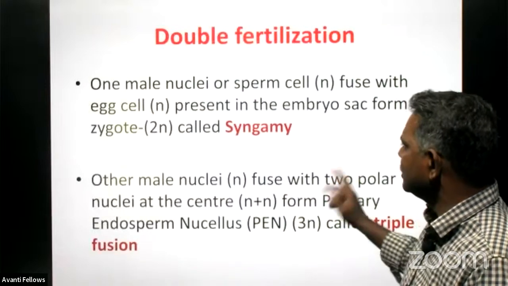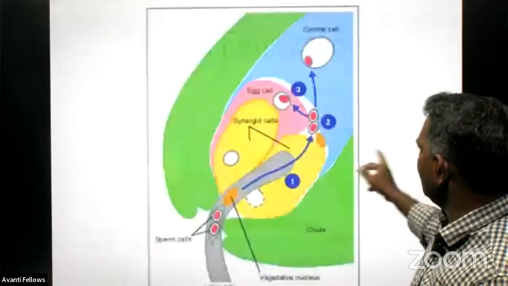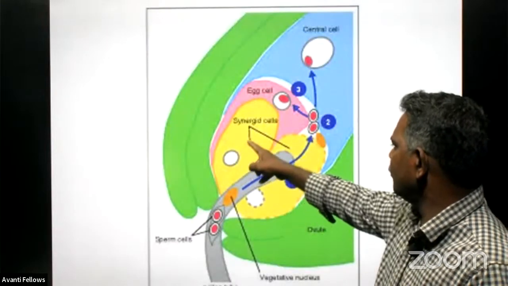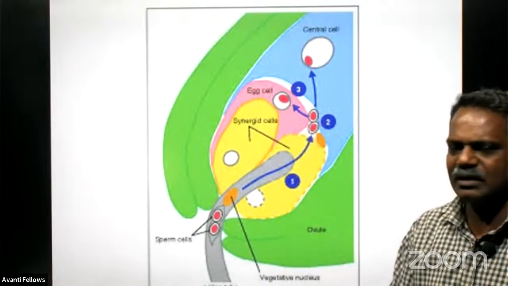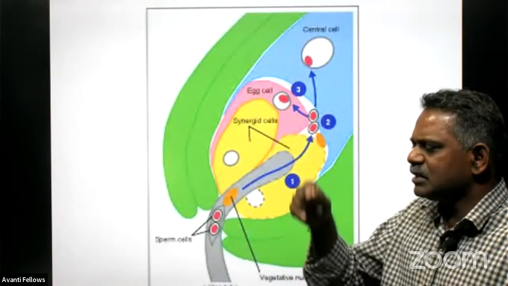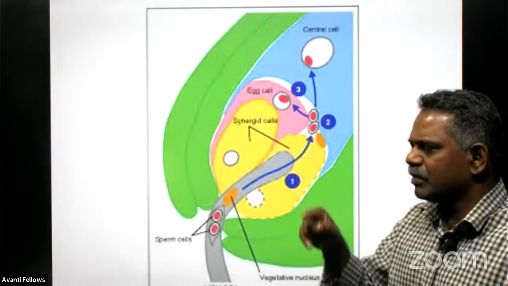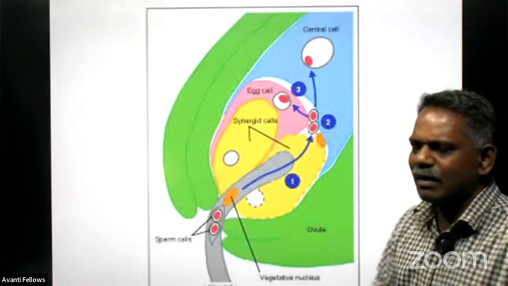Here you can find the picture. You can find the synergid cells on either side, and the egg is located exactly at the center. These synergid cells have cytoplasmic extensions, and that is what we call the filiform apparatus.